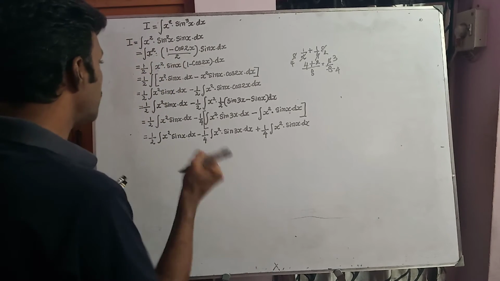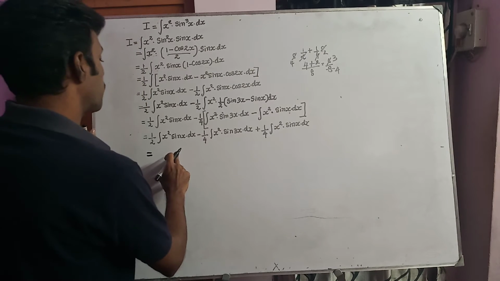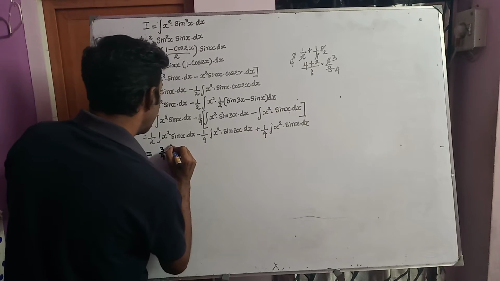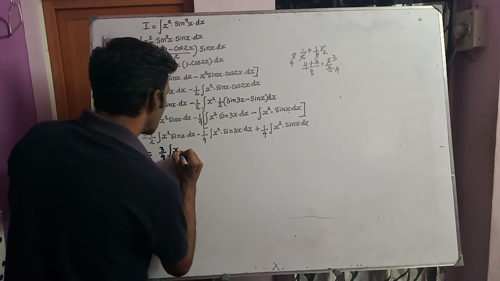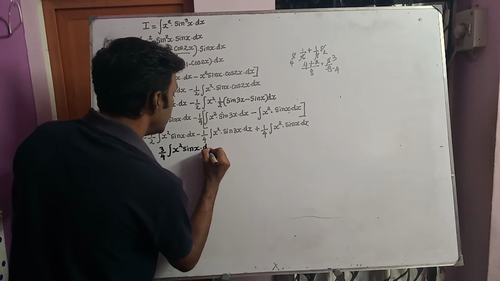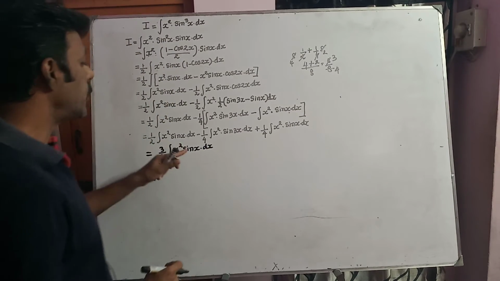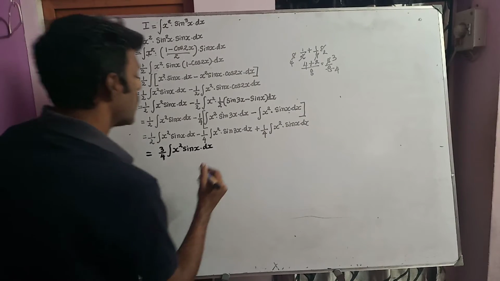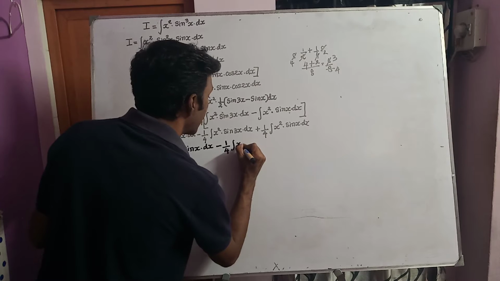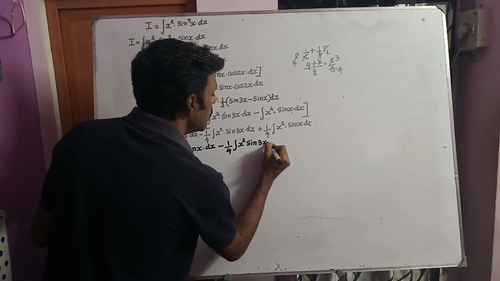So I'll be getting 3 by 4 into integral of x squared into sine x into dx minus 1 divided by 4 into integral of x squared into sine of 3x into dx.